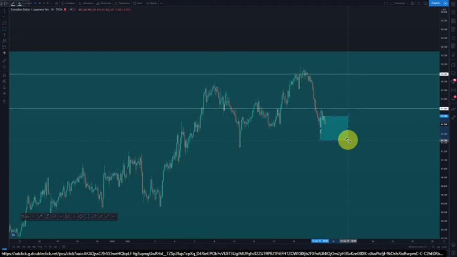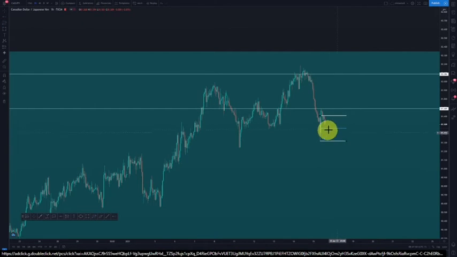Okay, it's not a beautiful structure, but we might have a point of interest over here, and be waiting for the market to come to our 50% level.